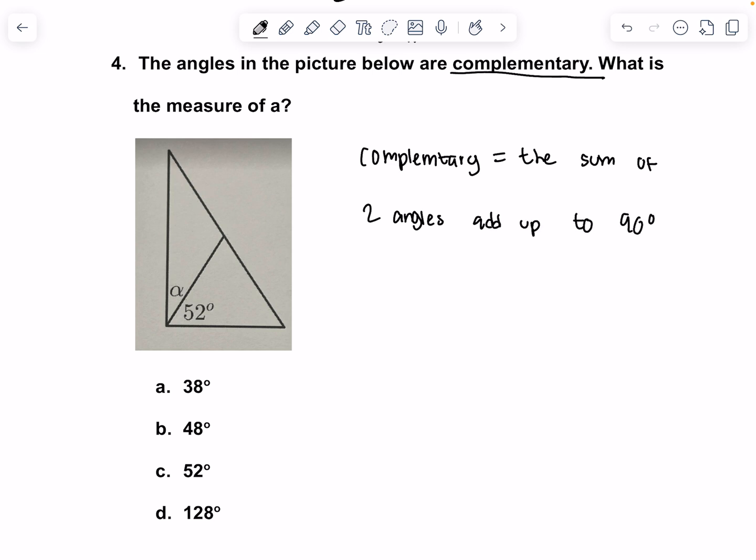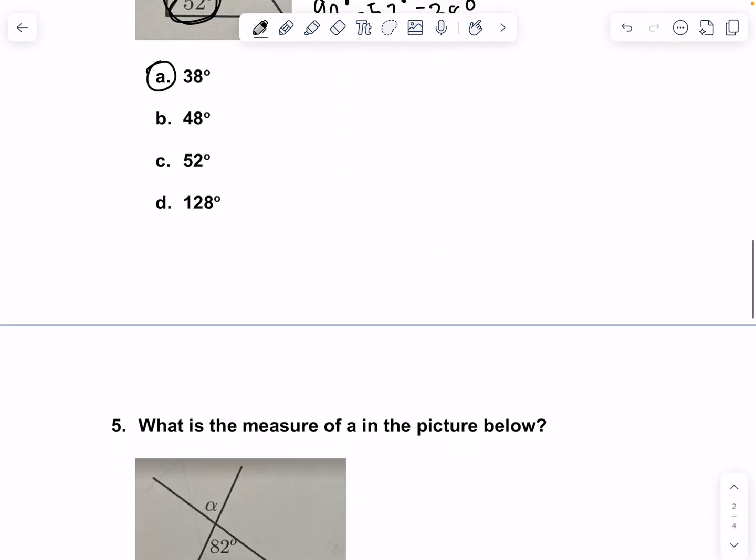In this photo, we already have one angle, which is 52. And we know that 52 plus A is going to be 90. So we do 90 degrees minus 52 degrees, and that'll give us 38, I believe. The answer would be A, 38 degrees, because we know these two angles are complementary, and complementary is when they add up to 90.